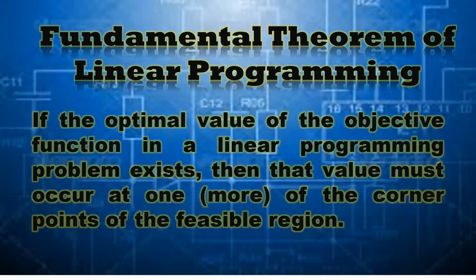So in the graphical method, it's important that we identify the corner points, because whether it's a maximization or minimization problem, the corner points are where the optimal solution is found.